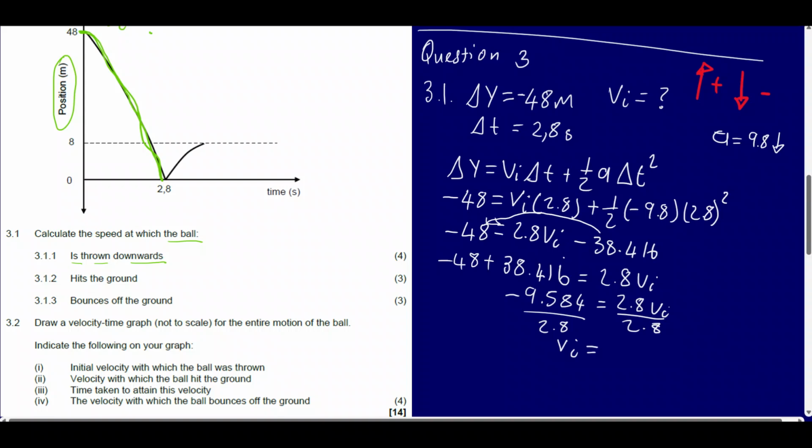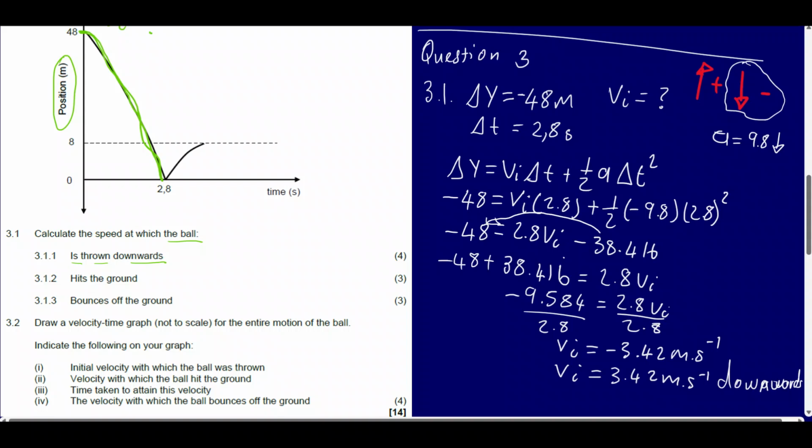Divide both sides by 2.8. You'd see that the vi is going to give us a negative answer. It's going to give us negative 3.42 meters per second. So it means that the vi here is 3.42 meters per second, which mainly means downwards, because of our direction key.